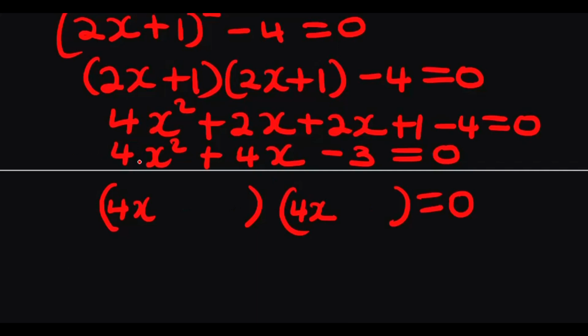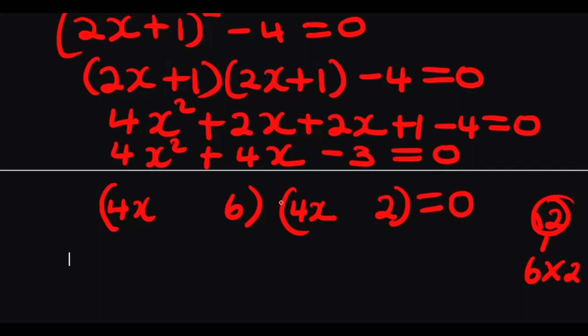We take the coefficient of the first term multiplied by the last term, ignoring the negative sign. Then 4 times 3 is 12. Now we need factors of 12 that will give us this positive 4. Those factors are 6 and 2, which means we'll have 6 here and 2 here.